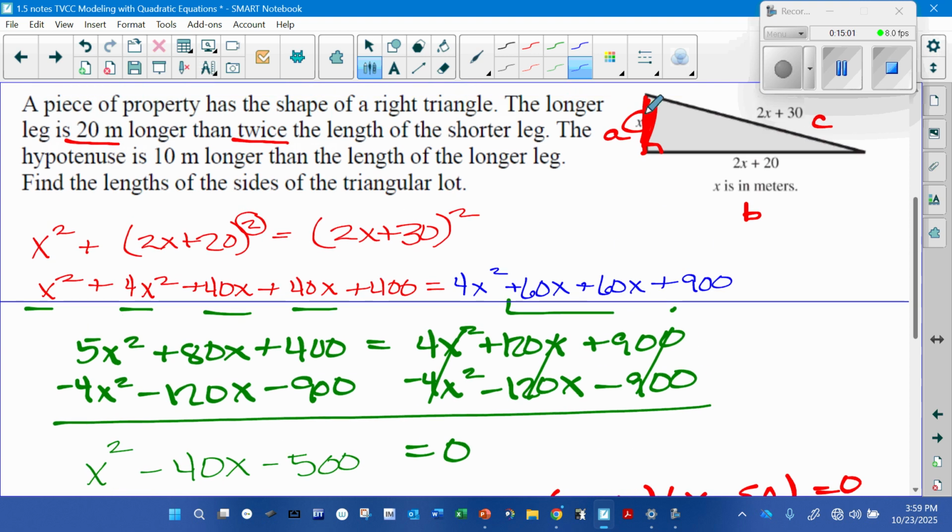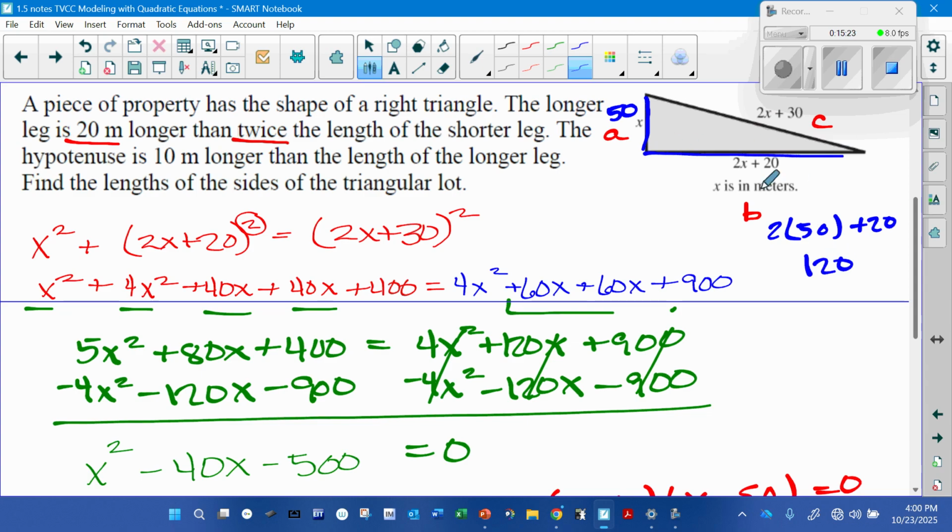So now if I go up here, I know that this is your x, and I will erase all of that I've scribbled on. So I know that this is my x, so that means it's 50, because x is 50. Now this side is going to be 2 times 50 plus 20. So 2 50s is 100 plus 20. That's 120.